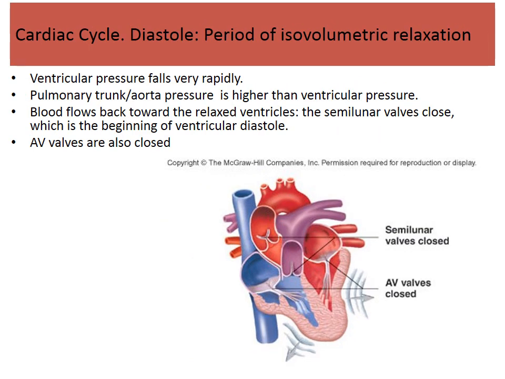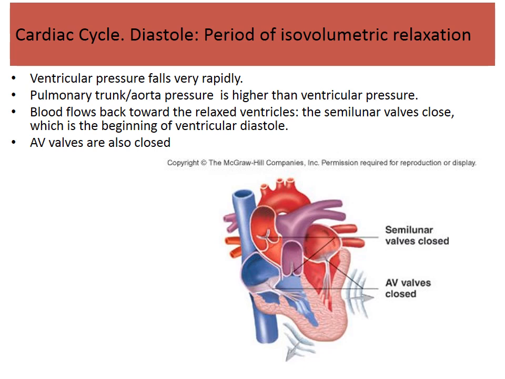Once the ventricles have contracted in systole, they will now go into diastole, and this is known as the period of isovolumetric relaxation. So at this point, the pressure inside the ventricles is dropping very rapidly, to the point where the pressure that's now in the aorta and in the pulmonary trunk is greater than the pressure in the ventricles.